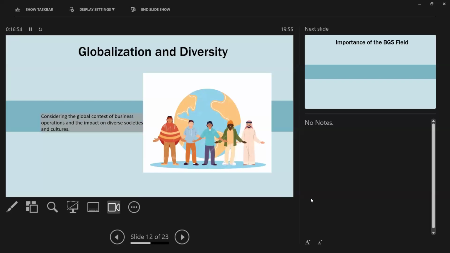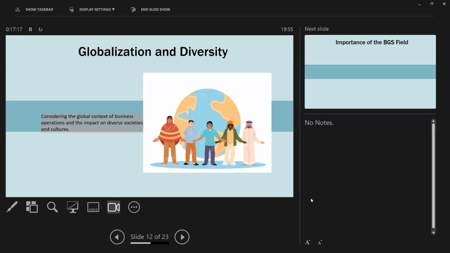And then there's what we call globalization and diversity. You can see from the picture that it's talking about diversity in terms of culture. You can see Red Indians, white people, Indian and colored people, then black people, and then we're talking about the Arabs.